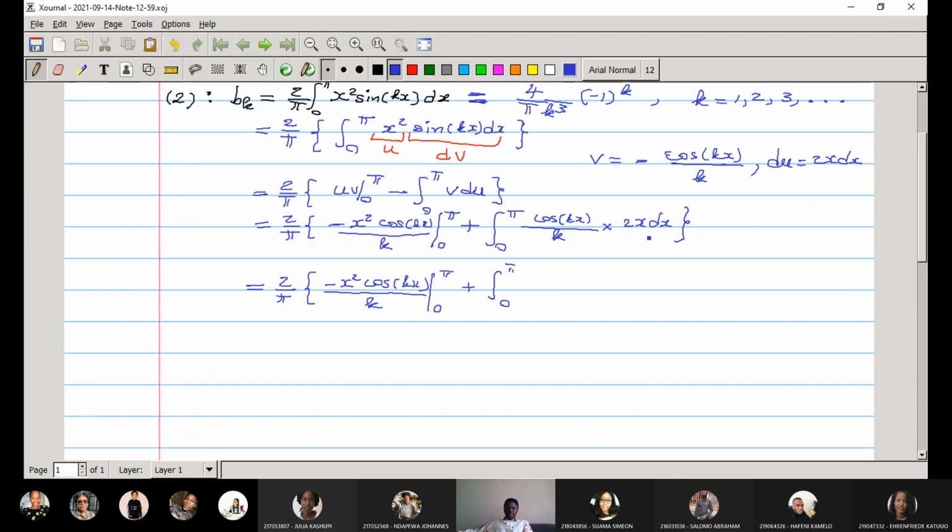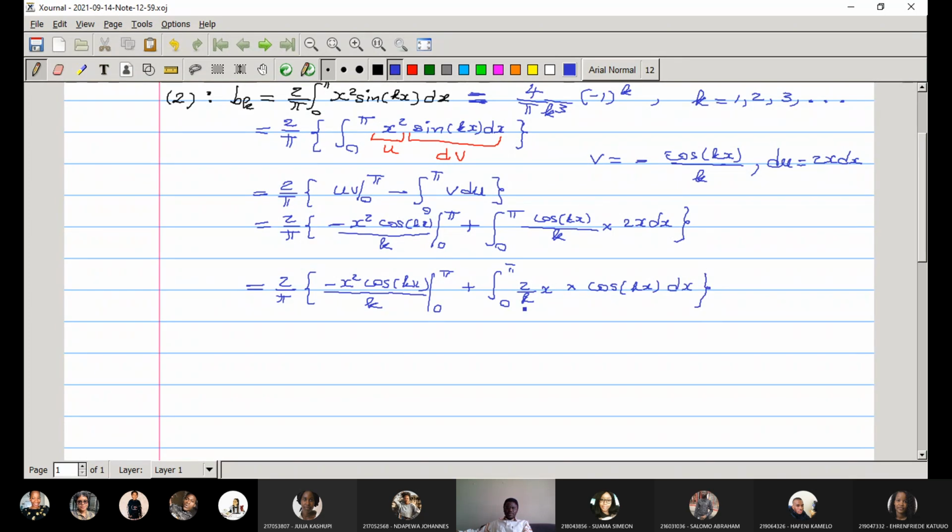Either we take this 2 by k out and perform our integration by parts, or we can just call all this, that is 2 by k x, our u, and this one our dv, cosine kx dx.